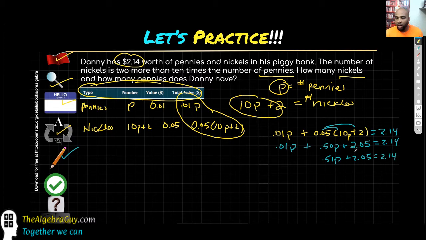And then I can subtract 205, leaving me with 0.15p or 0.51p. 0.51p is equal to 4. Why am I adding that up?